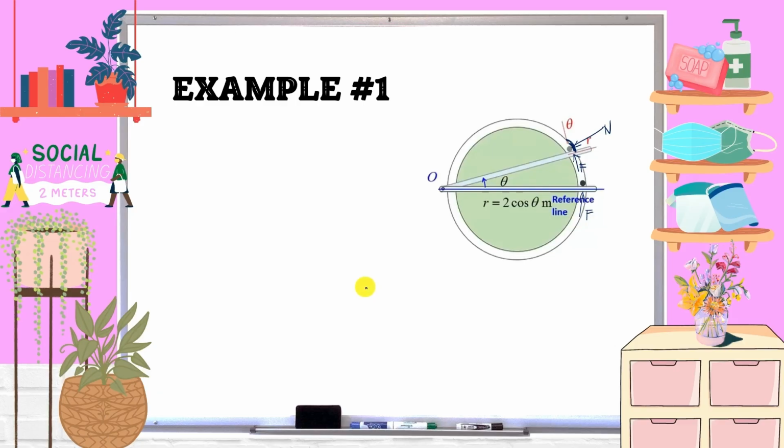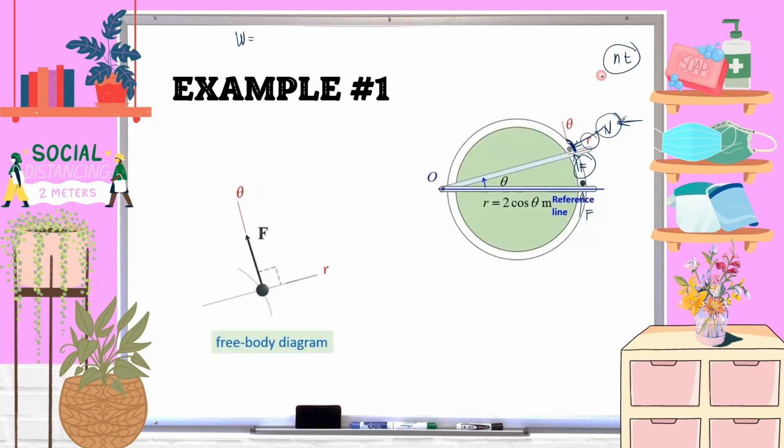So let's now create the free body diagram. We already know the forces involved. We don't have the weight force, since as we explained earlier, the gravitational acceleration doesn't take effect on the given figure since our two dimensions are on the ground. So we will have this free body diagram with the force exerted by the rod. And since we have a normal force, we will also include the normal and tangential axes, since the normal force is along the normal axis.